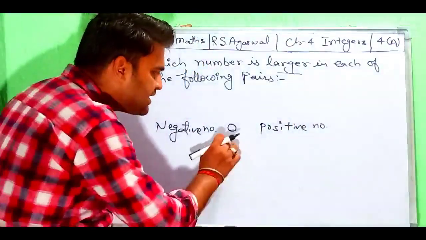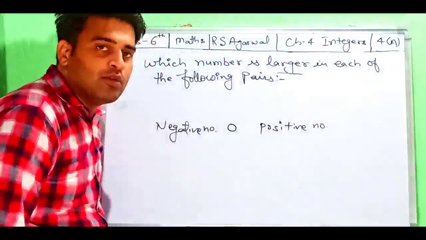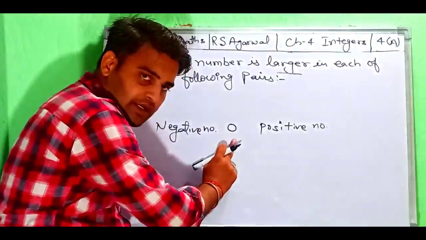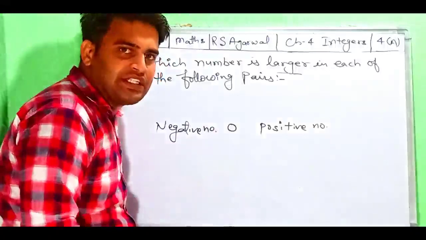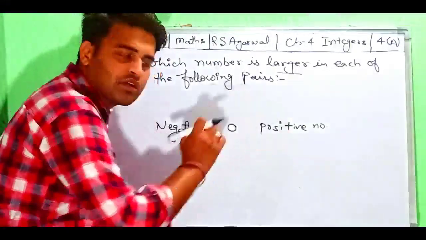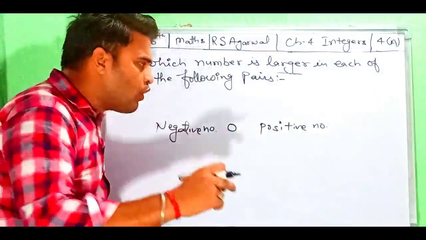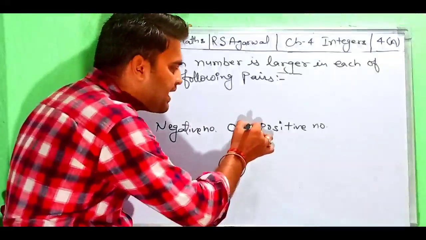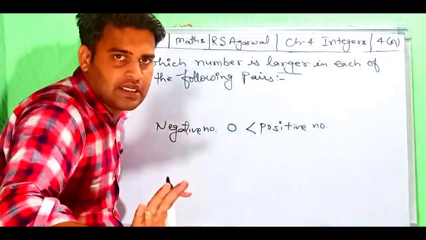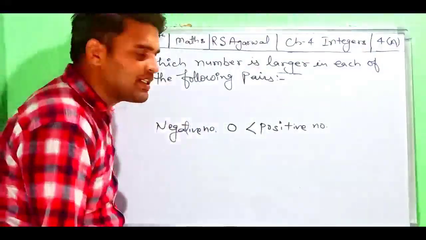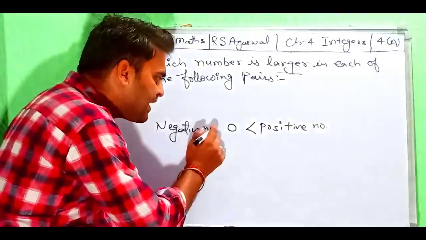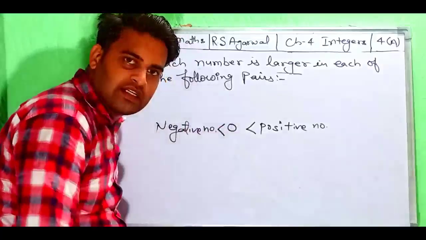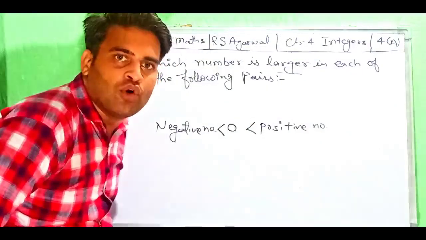If in that pair one number is 0 and the other number is a positive number, then always a positive number is greater than 0. In all conditions a positive number is always greater than 0 and a negative number is always smaller than 0.